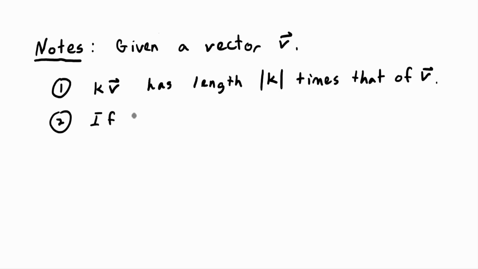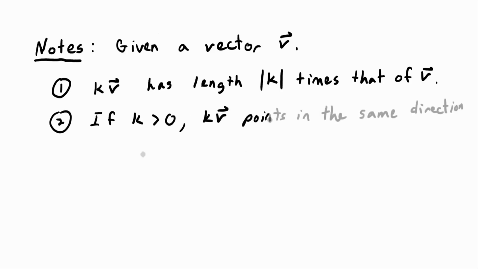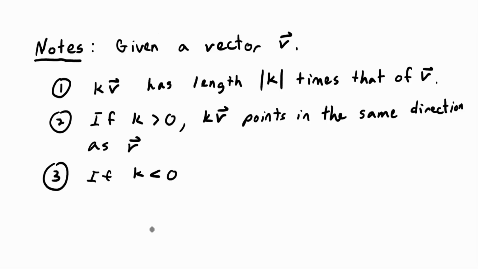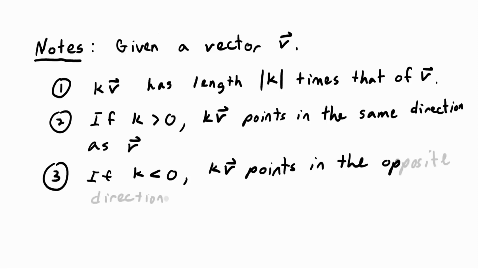Note number two, if K is greater than 0, K times V points in the same direction as V. And note number three, if K is less than 0, then K times V points in the opposite direction as V.